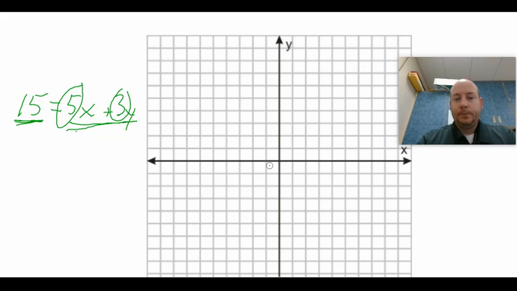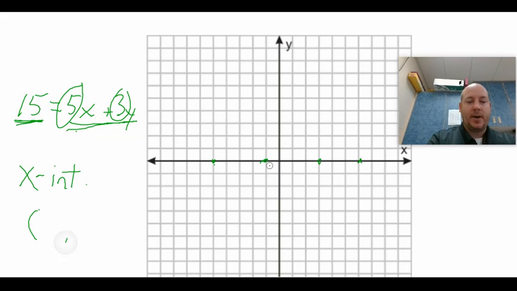Now, if we think back to what an x-intercept means, it means it touches the x-axis. Any point on the x-axis, doesn't matter where I pick, always has the same y value. That y value is 0. So to find my x-intercept, I essentially want to make my y value 0 and figure out what my x is.